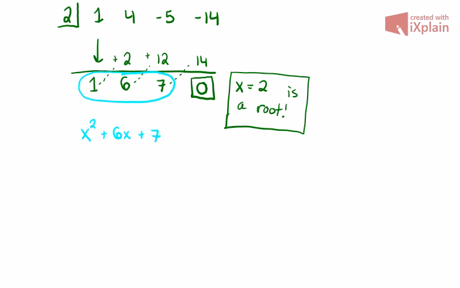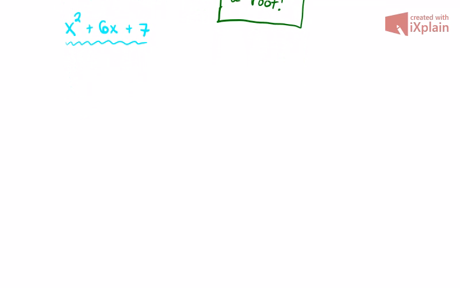So we have one root, and we can use a different method to find the other roots for this new polynomial. Let's try factoring using the diamond method and see if that works before we resort to the quadratic formula.